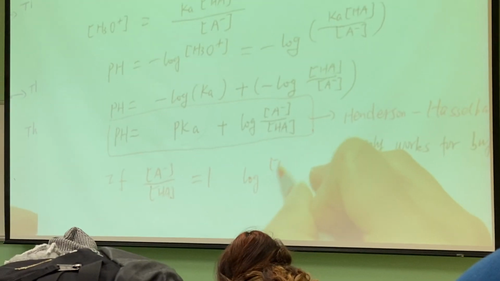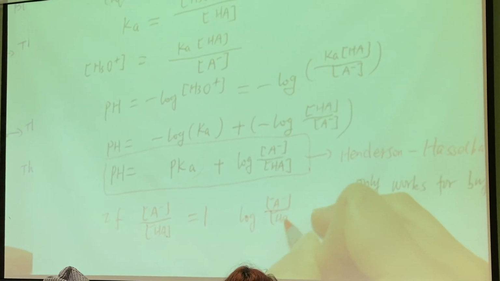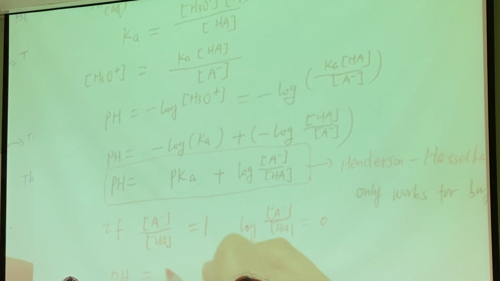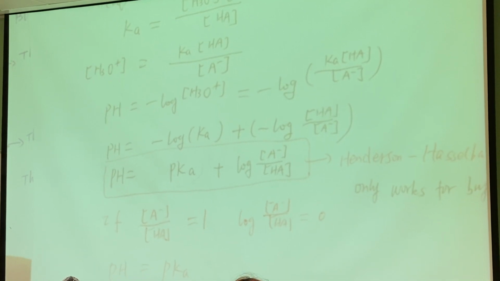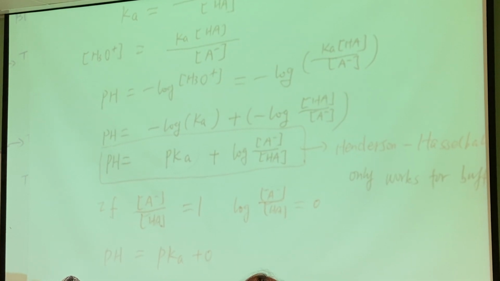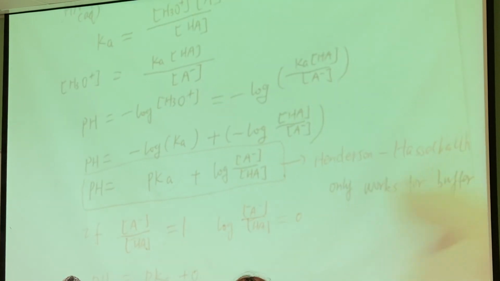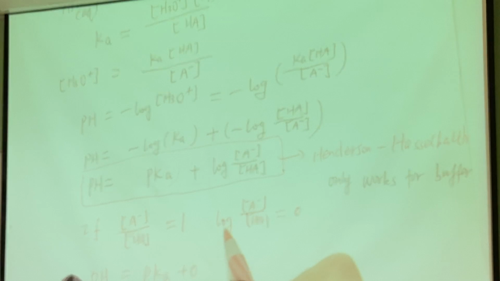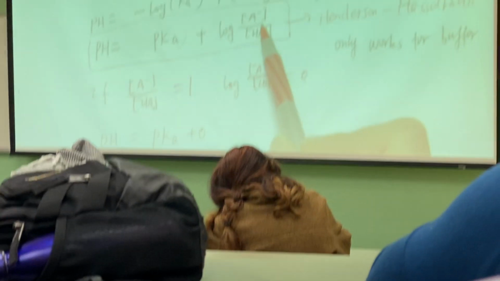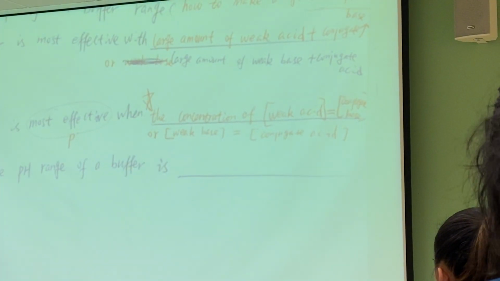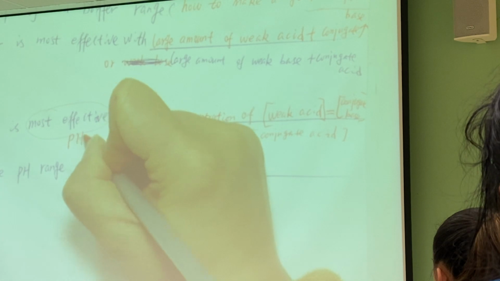So log equals 0. So pH equals pKa, right? Because plus 0. So when the concentration of your acid and base are equal, your log becomes 0, and pH equals pKa. So that is most effective.